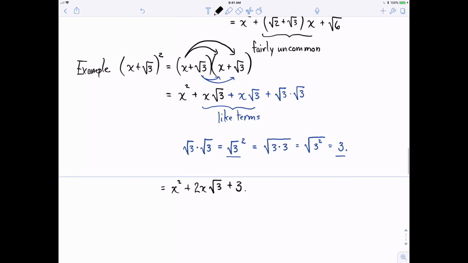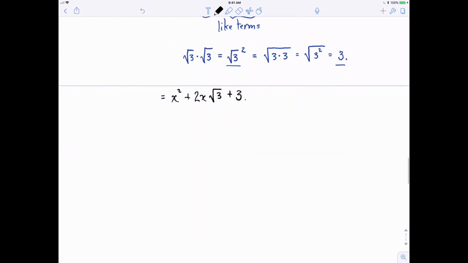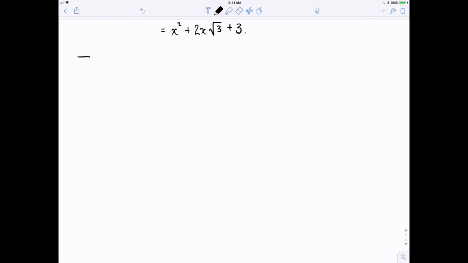All right, last problem, and that is the example. That is x plus the square root of 3 times x minus the square root of 3. So let's just take it from the top. We have an x times an x, and an x times a minus square root of 3.